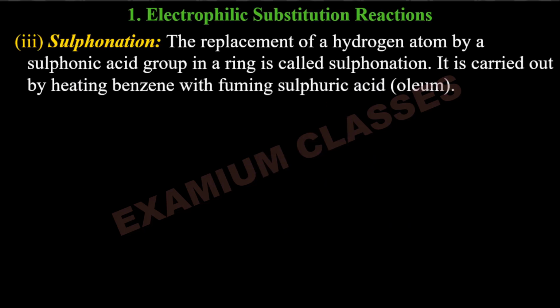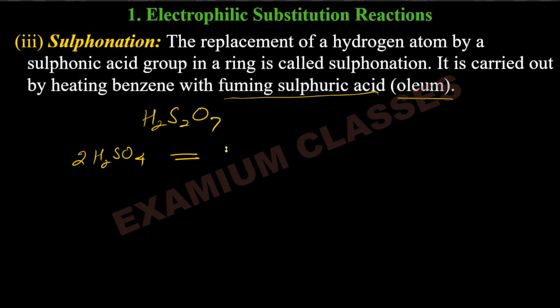Next one, sulfonation. Fuming sulfuric acid is actually so concentrated sulfuric acid that one molecule of H2O is removed from 2 molecules of H2SO4. So oleum formula is H2S2O7. Normally it is not actually sulfuric acid. Oleum is a different compound, but we can say it is highly concentrated sulfuric acid. Why? Because 2 molecules of H2SO4 will be H4S2O8.